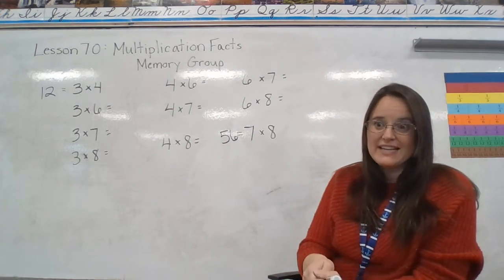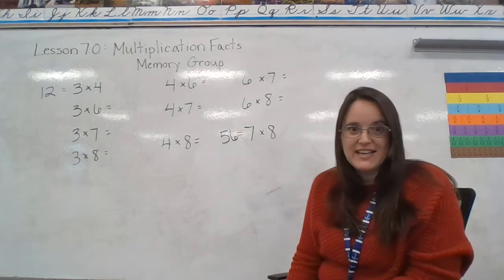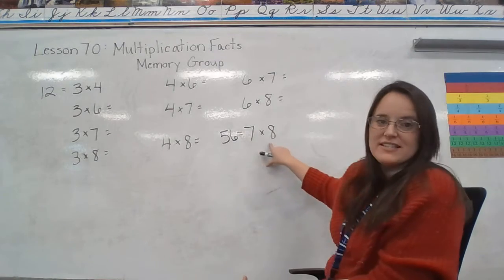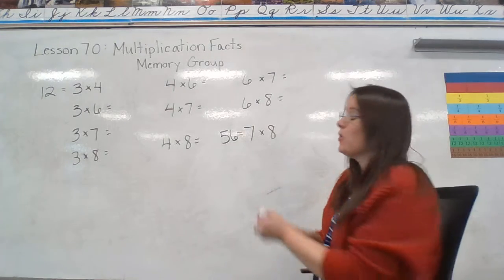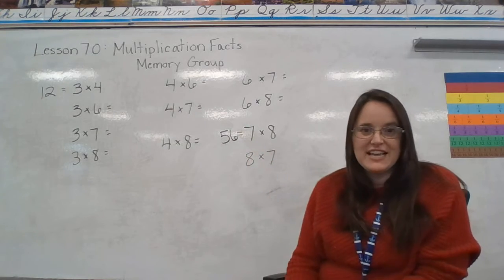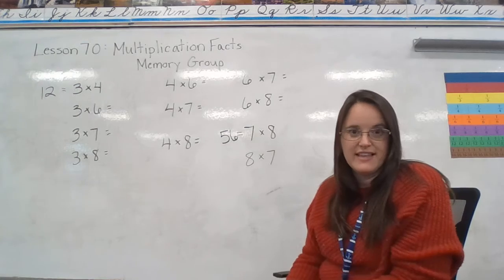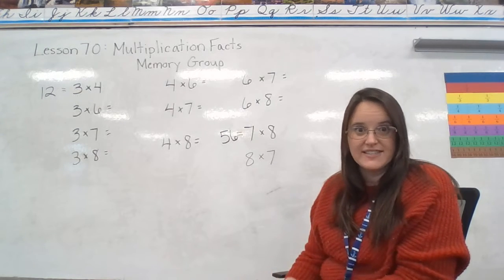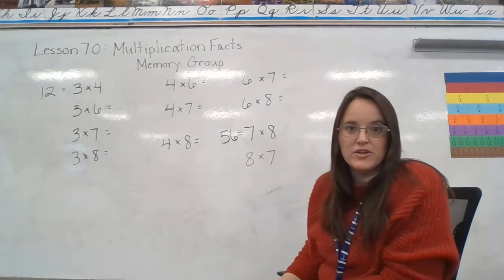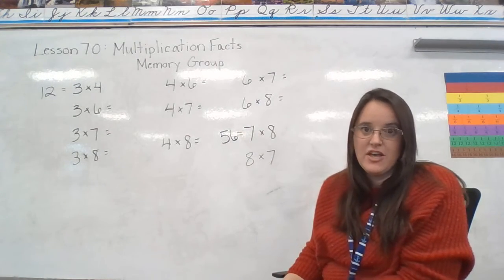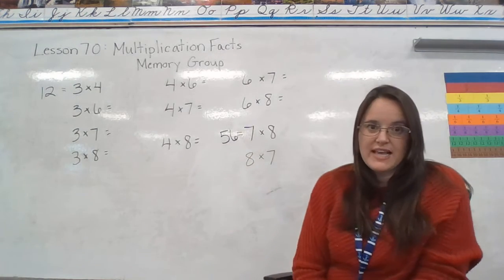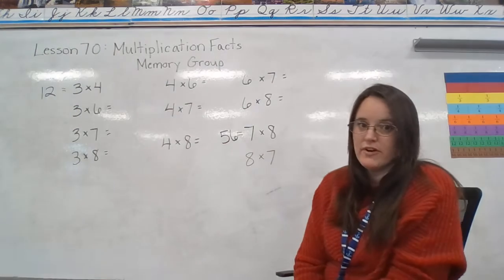So if you were here in class, we would be doing a little 5, 6, 7, 8 chant over and over again, because when I have a student that is looking at 7 times 8 or at 8 times 7, I like to tell them 5, 6, 7, 8, like you're about to get ready to do a routine or a dance. 5, 6, 7, 8. 56 is equal to 7 times 8. So those are my two tricks I have in addition to all of the other Saxon tricks that we've talked about so far this year.